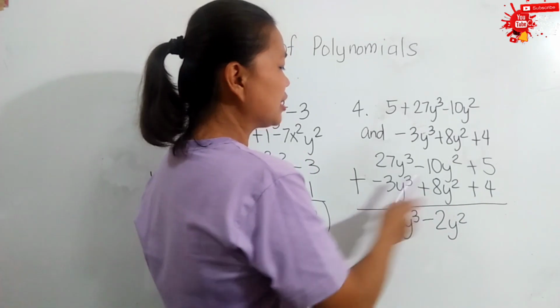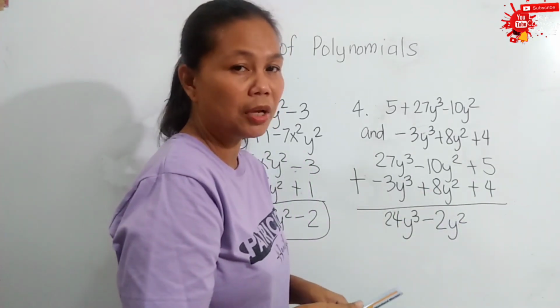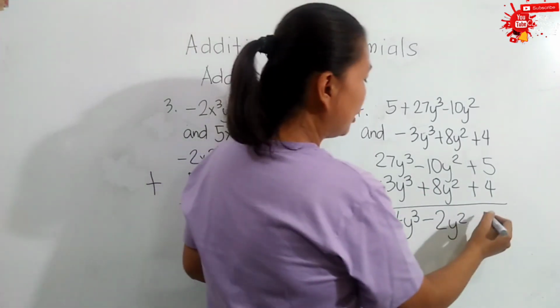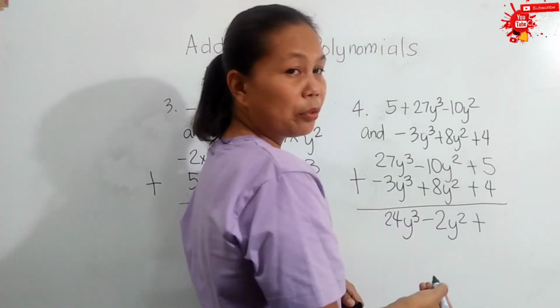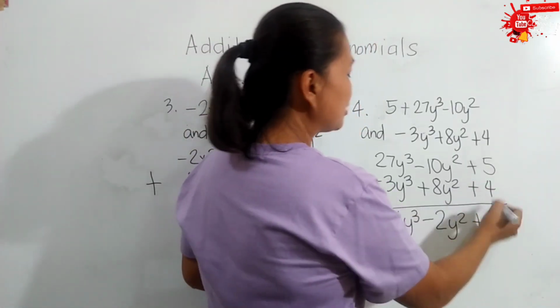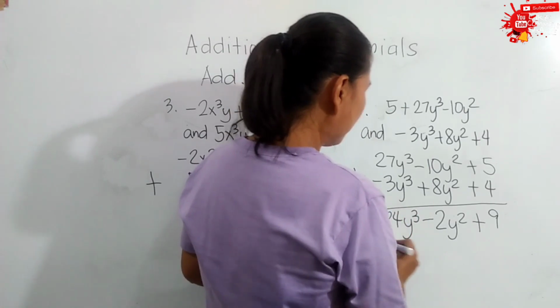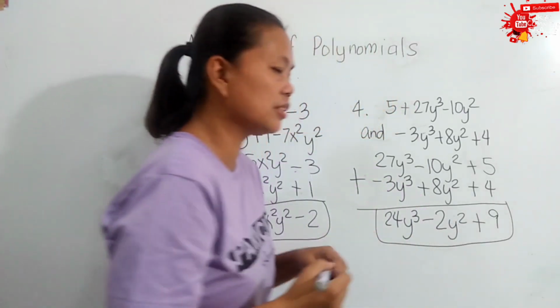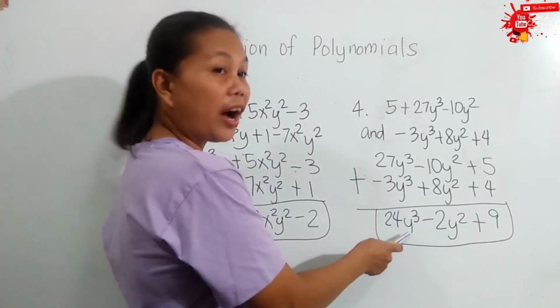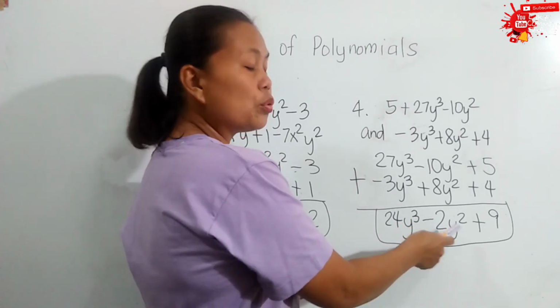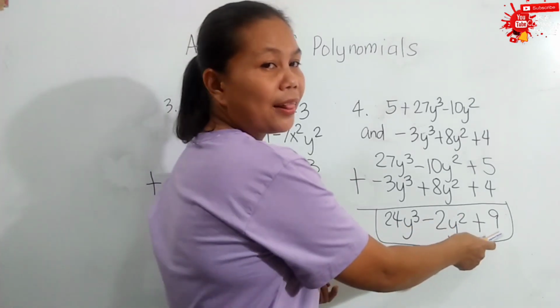Then positive 5 plus positive 4. They have the same sign, so we add them and affix the common sign, which is positive. So 5 plus 4 is 9. Therefore, the sum of these two polynomials is 24y cubed minus 2y squared plus 9.